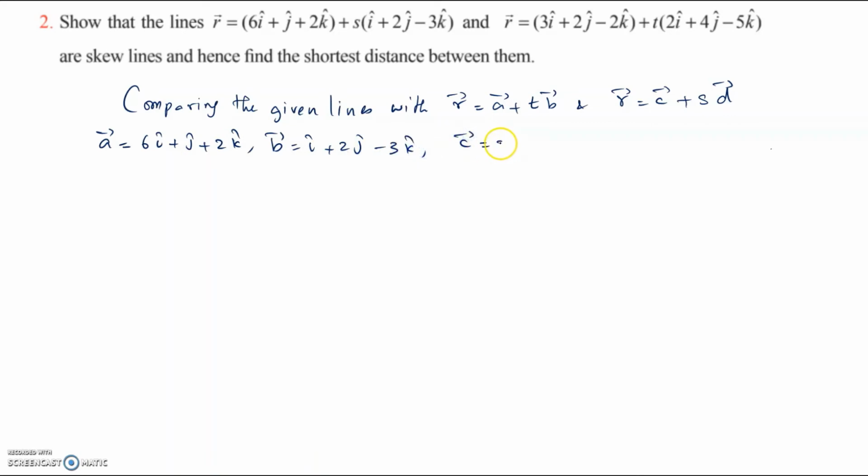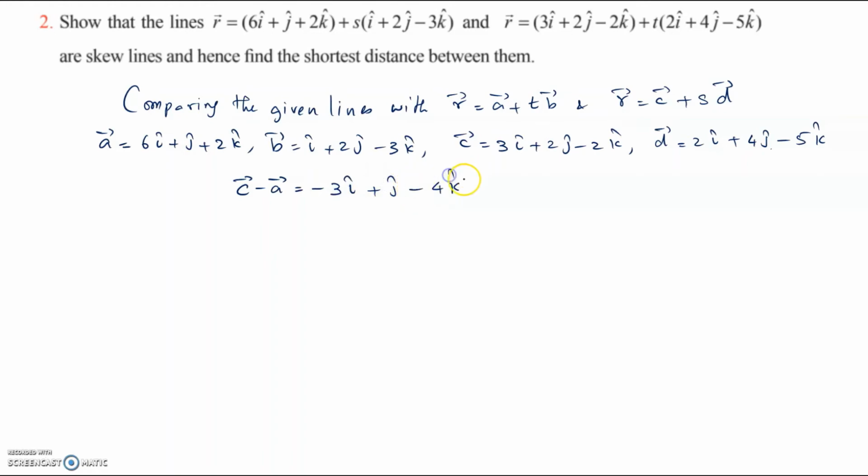Vector c is equal to 3i cap + 2j cap − 2k cap, and our vector d is equal to 2i cap + 4j cap − 5k cap. The vector c minus a will be −3i cap + j cap − 4k cap.